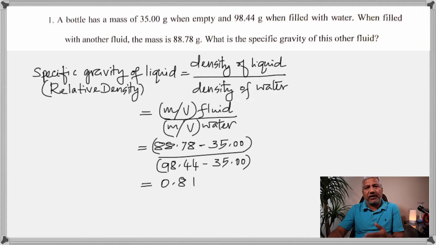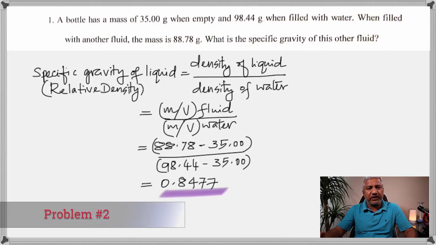In both cases, we have to subtract the mass of the bottle to find just the mass of the liquid or water. And we get the relative density as 0.8477. Do remember that relative density has no units because it's a ratio.